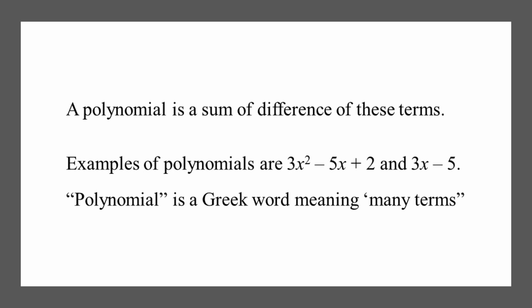Examples of some polynomials could be 3x squared minus 5x plus 2, could be 3x minus 5, or it can just be the number 5 itself, because you can write 5 as 5x to the power of 0. 5 is the coefficient of x, and the power 0 is a non-negative integer. So 5x to the power of 0 is also a polynomial. The word polynomial is a Greek word meaning many terms.